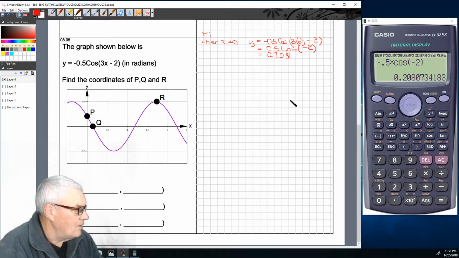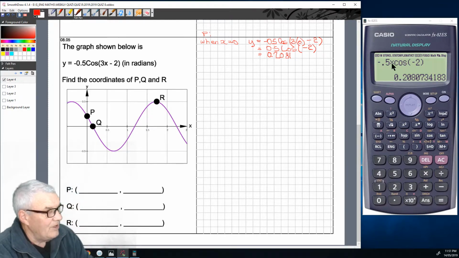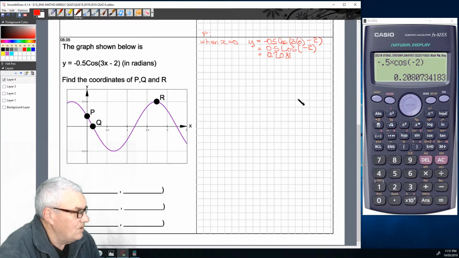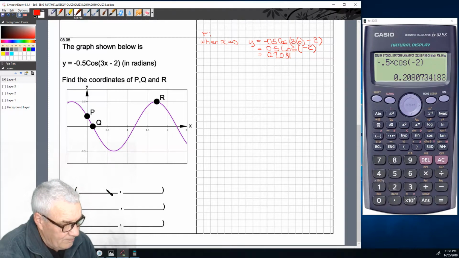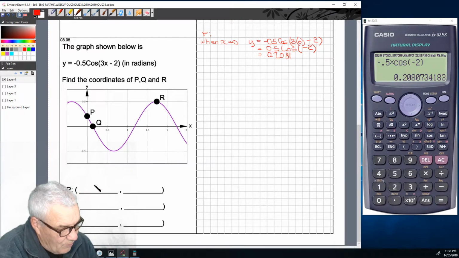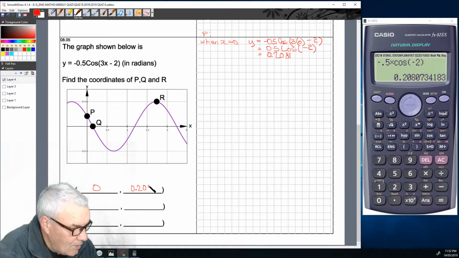0.2081, rounding it to 4. Now my error was I put 0.05 in there, and then I didn't have a negative in there, which swapped it around. So you must be very careful putting that in, and that's a classic example. So I've provided you down here with a means of writing it in here, 0.208.